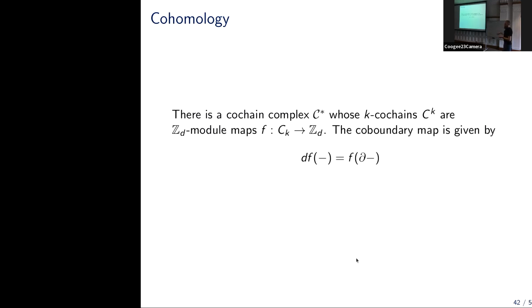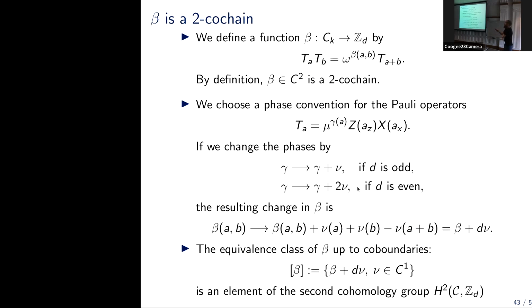Now, there's also a corresponding cochain complex, C star with a raised index, whose K cochains are given by ZD module maps from chains to ZD. And it's got a co-boundary map induced by the boundary map of the original chain complex. We can define this function beta, which is a 2 cochain.